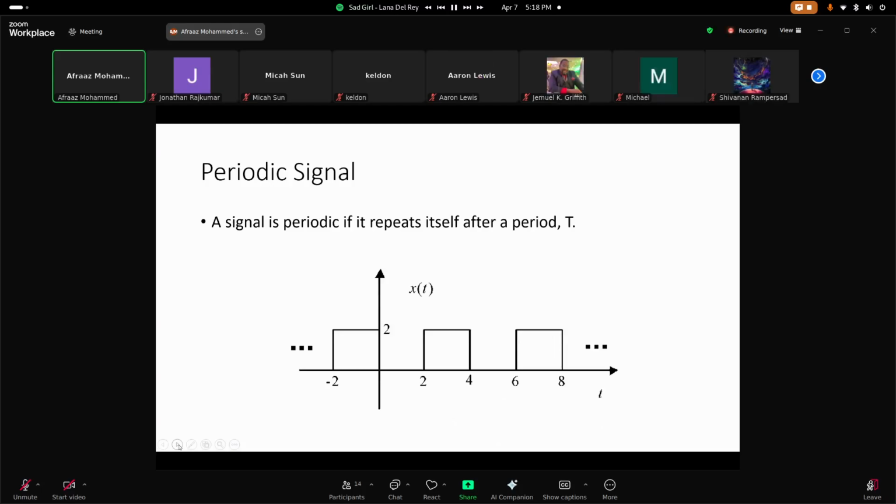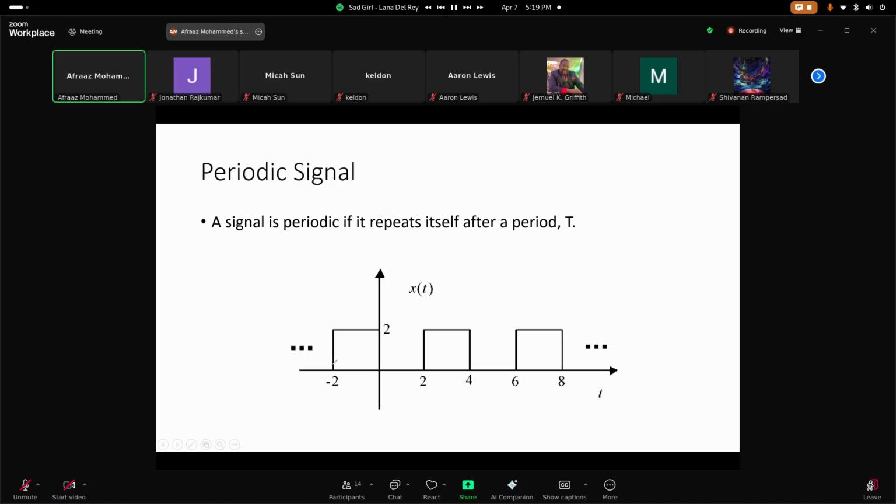The next one to look at is that of periodic signals. A periodic signal is a signal that repeats itself after some time, and that time period is called T. If you look at this signal here with these square waves, it is repeating itself every 2 seconds.